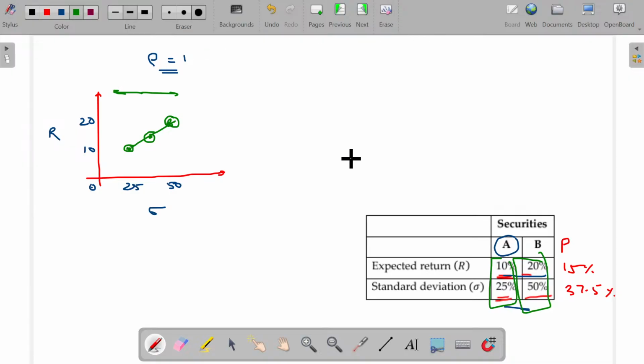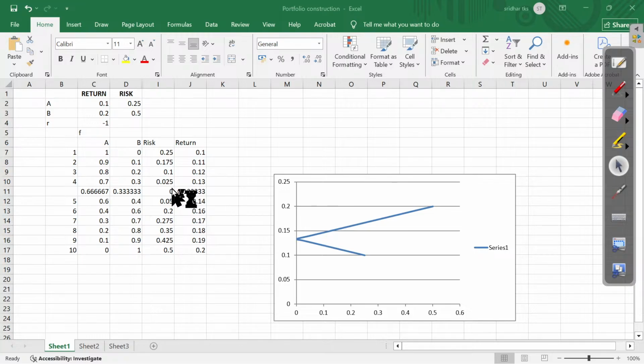Rather than calculating for the various combinations, I may use this Excel sheet. Here, A's proportion of investment being 100%, B being 0%. Completely you are investing. And then 90%, 10%, 80%, 20%, 70%, 30%. In this combination, I am investing. If I invest this, your risk is, see these two columns.